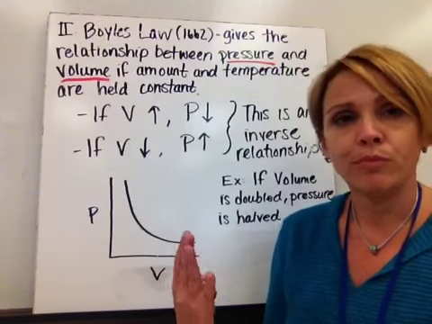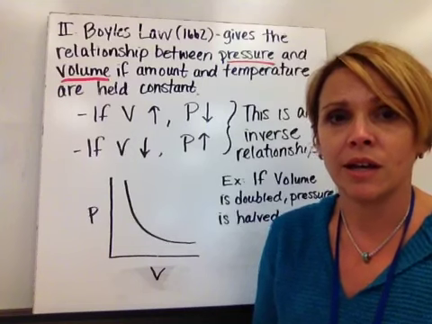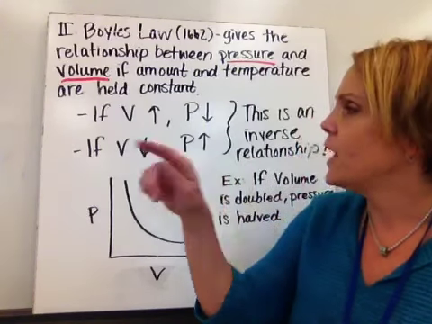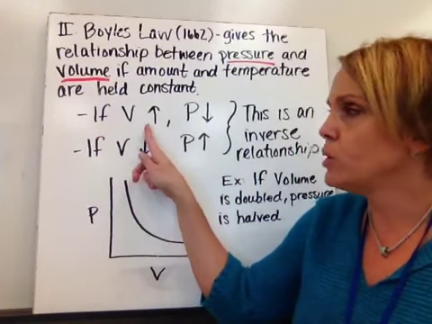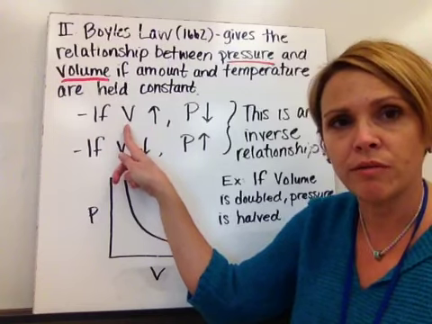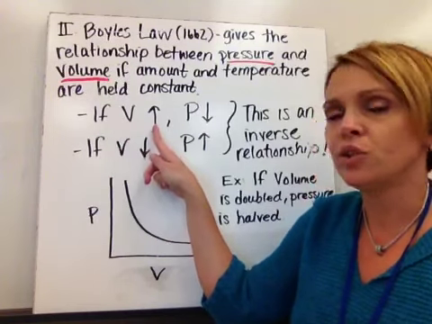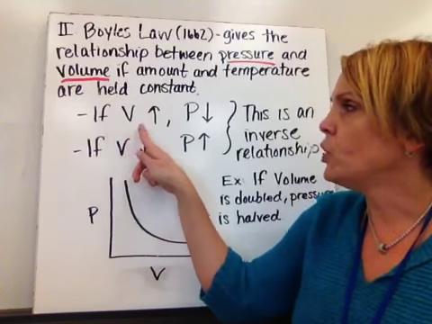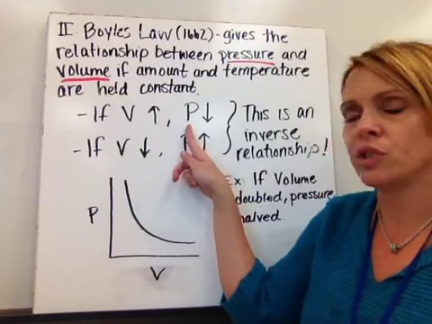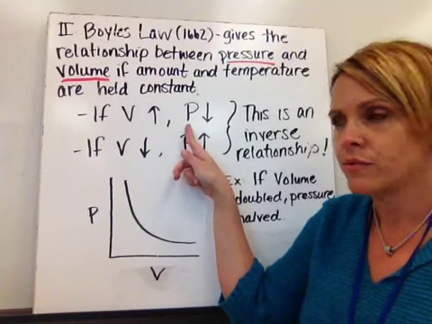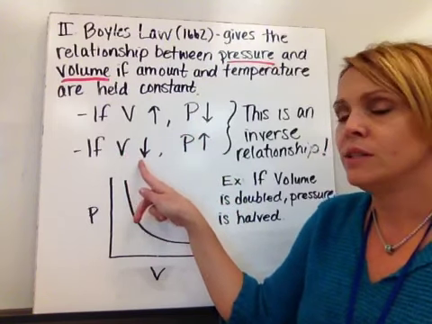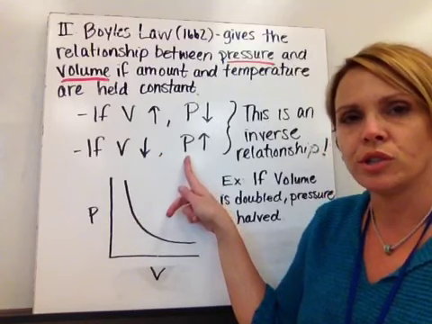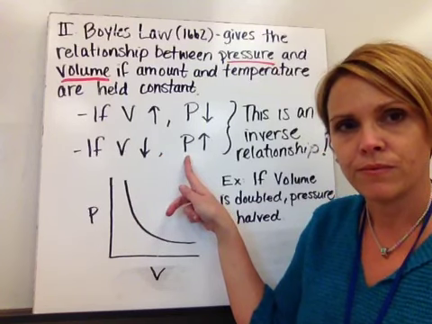And what we know, based on the experiments that have been done on Boyle's law, is that if volume increases, so notice that I'm using V to represent volume, as I'm denoting with an arrow pointing up, the pressure decreases. If the volume decreases, the pressure increases.